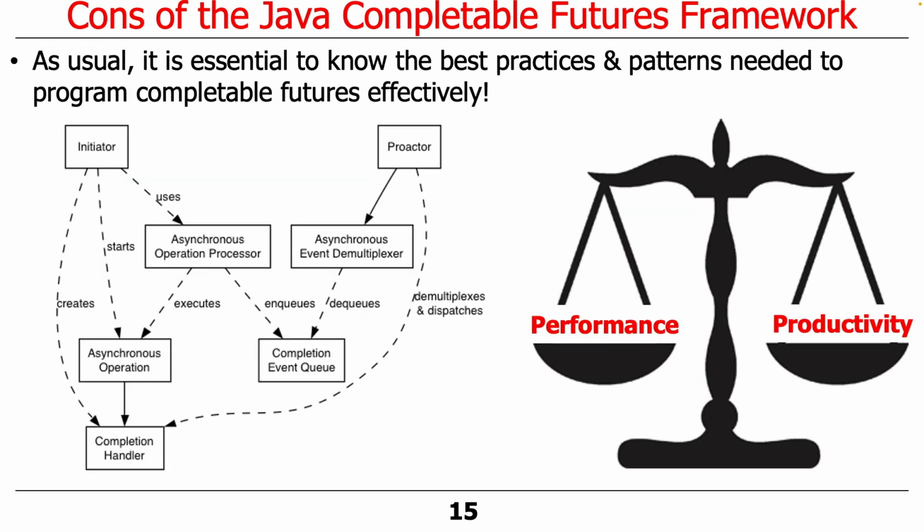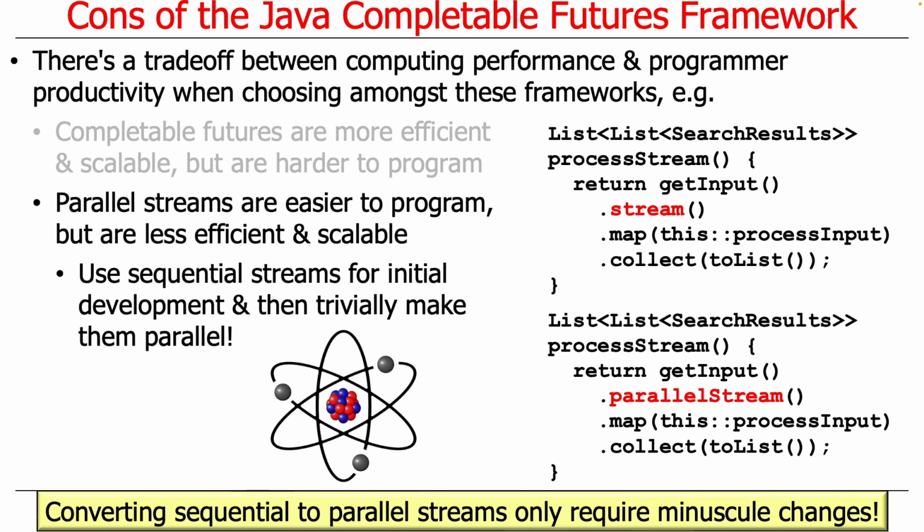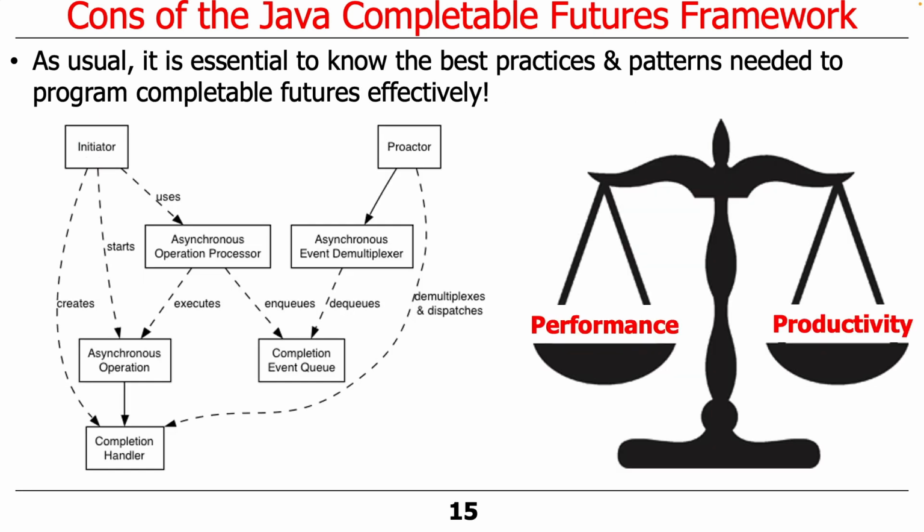And you would only go to the trouble of using the completable future stuff if you discovered that you couldn't get the performance you wanted by using parallel streams, which, again, benchmarking helps. I think JMH is the Java Microbenchmark Harness or something like that. You should look it up and see what it stands for.